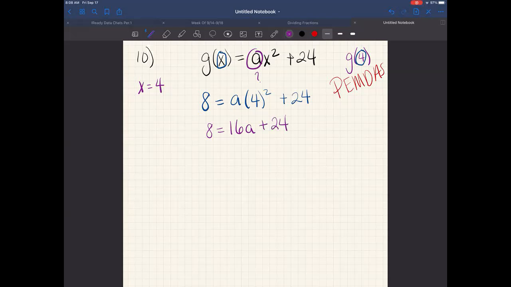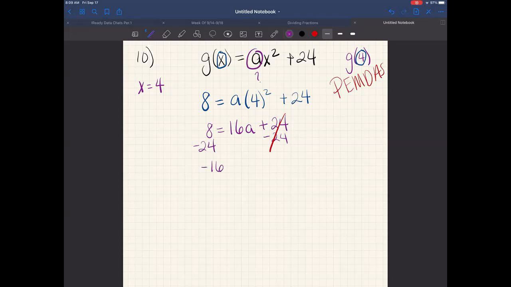Okay. Now, what's my next step after? Subtract 24. So now I want to move that 24 out of the way. Eight minus 24 is negative 16.